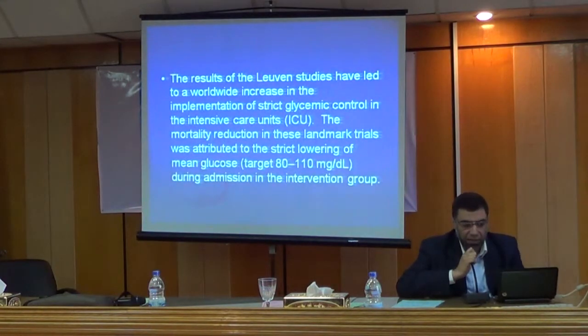The results of these studies have led to a worldwide increase in the implementation of strict glycemic control, especially in the intensive care units. The mortality reduction in these landmark trials was attributed to the strict lowering of mean glucose, which by strict lowering we mean from 80 to 110 milligram per deciliter during admission in the intervention group.